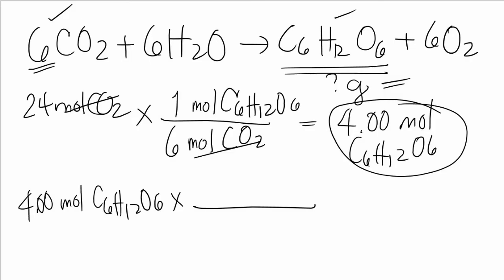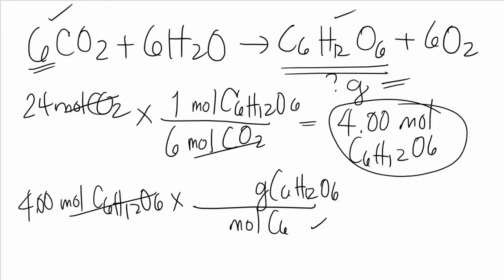So we will use a ratio that will allow us to cancel this one out. Kasi ang desired natin ay grams of C6H12O6. So, ang ilalagay natin dito sa baba ay mole C6H12O6 para makancel natin siya mamaya.